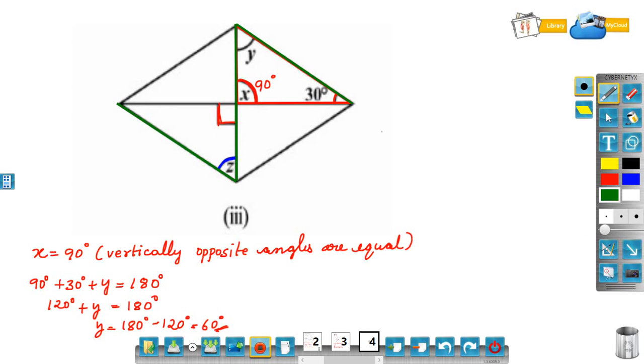So Z is equal to Y, and we got the measure of Y, that is 60 degree. So Z is equal to 60 degree because alternate angles are equal. Therefore Z is equal to 60 degree.